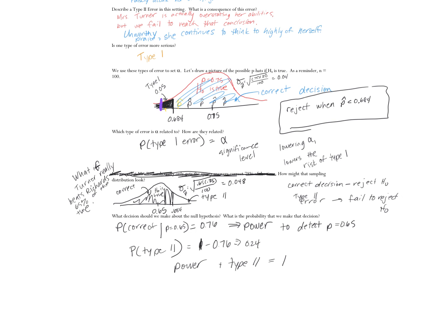Instead of my cutoff being 0.684, it's going to move way over, right? So let's go ahead and use that purple area. It would be 0.01. And that's going to change that cutoff value. It won't be 0.684 anymore, will it? It's going to be further over, like here. So lowering alpha does lower the risk of a type 1. Unfortunately, it increases risk of type 2.